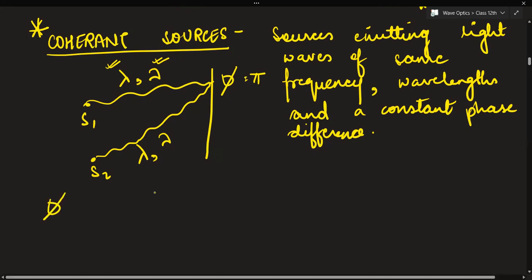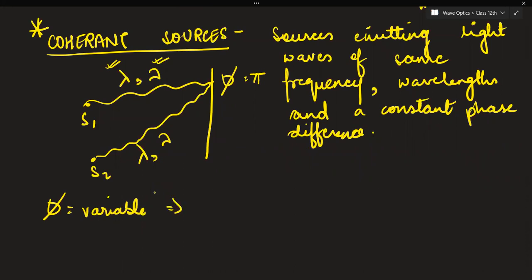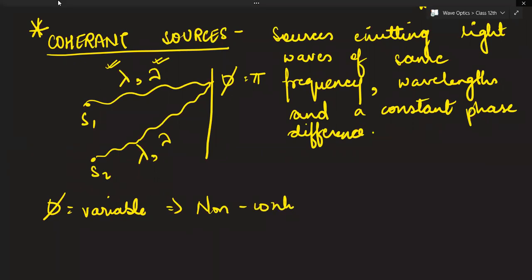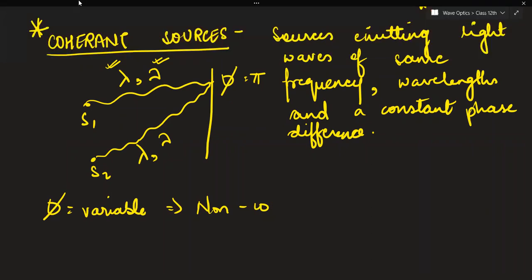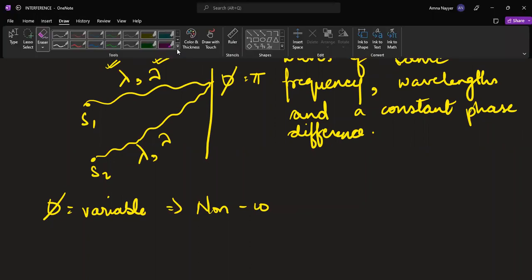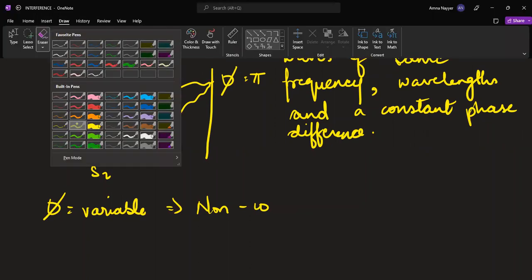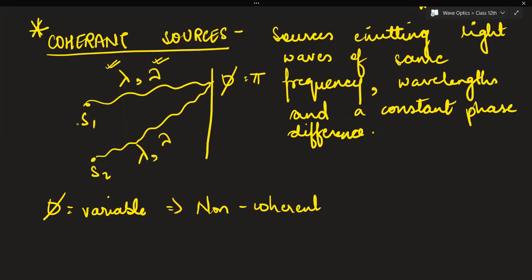If the phase difference becomes variable and the rest remains the same, then they are non-coherent sources.